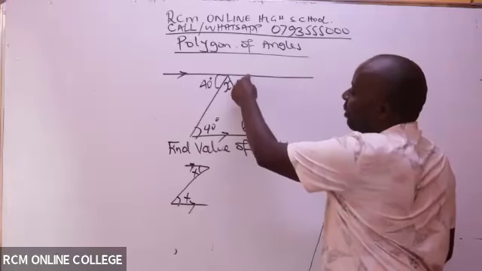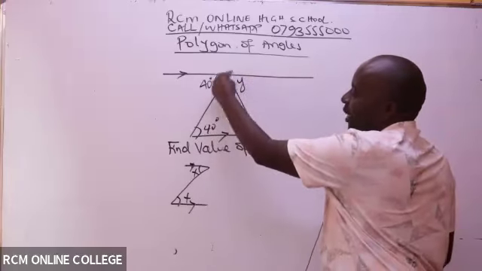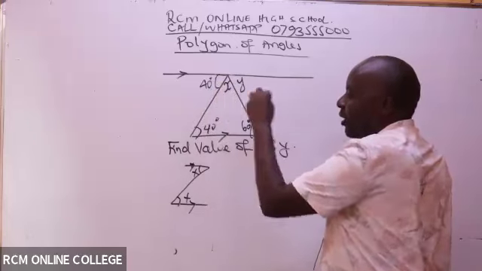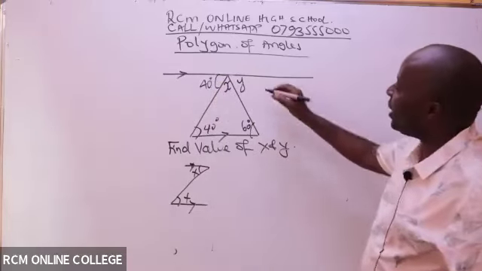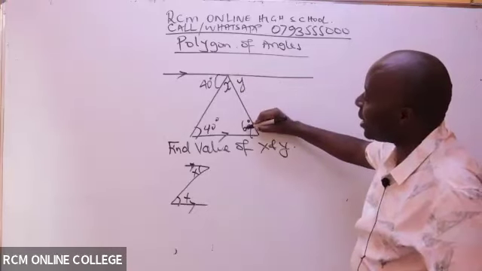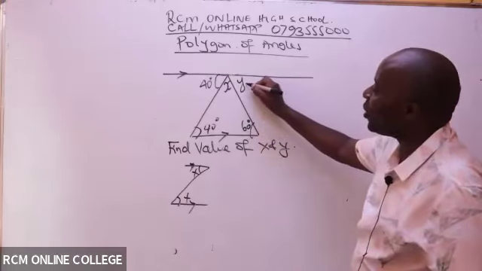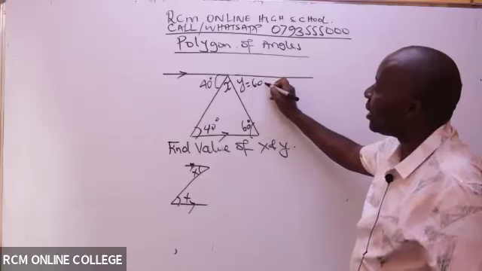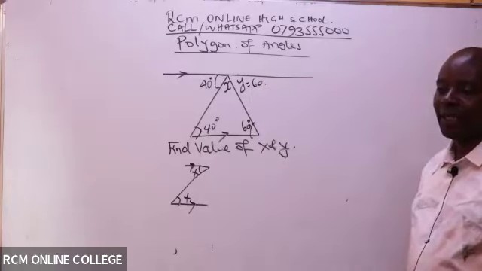If you're keen, you'll be able to see these ones here, inverted Z. So this Y and this 60, these are Z angles. So automatically this tells me that Y is 60.